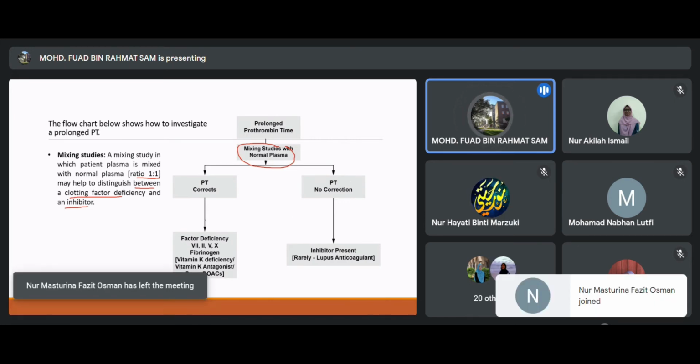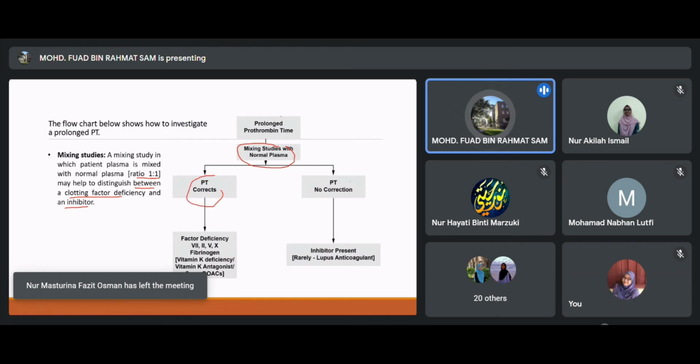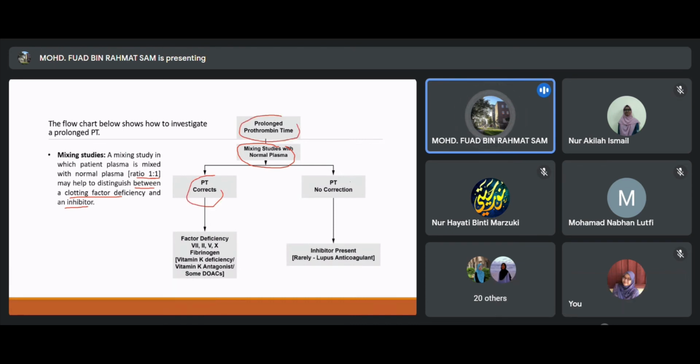Okay, so kalau the PT corrected tapi asal tu prolonged prothrombin time, so maybe the patient ada factor deficiency, fibrinogen or vitamin K deficiency, vitamin K antagonist, or some DOACs.